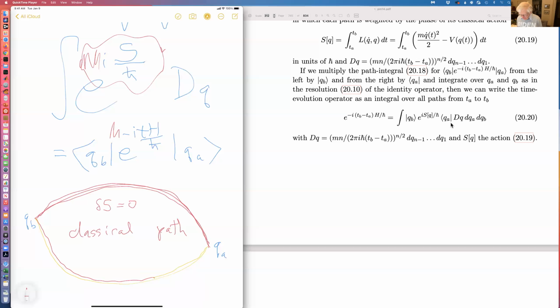And so the path integral tells you that classical mechanics, and classical field theory for that matter, is given by this formula, which is the principle of least action.